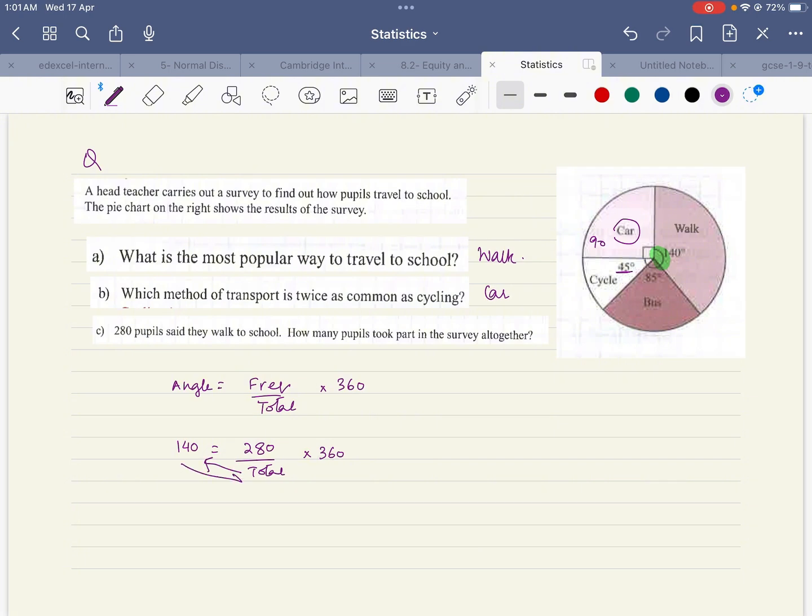Cross multiply. Total is equal to 280 upon 140 into 360. The zeros cancel, 14 twos are 28, so it is 2. Total is 720. 360 multiplied by 2 is 720. 720 pupils took part in the survey.